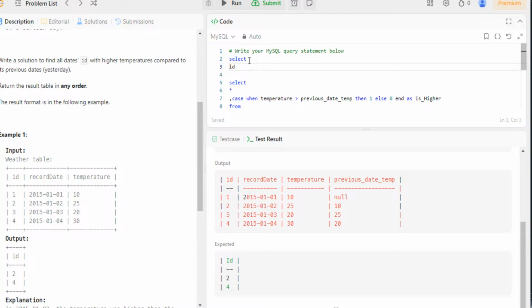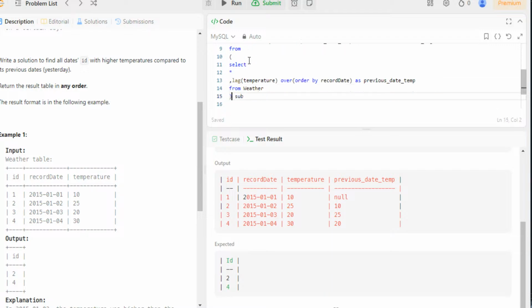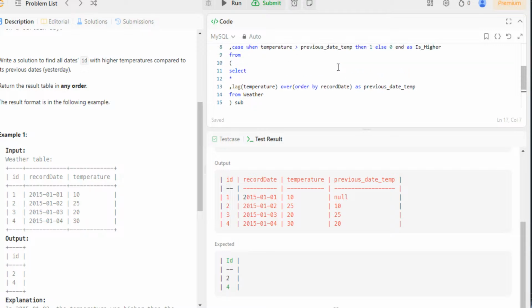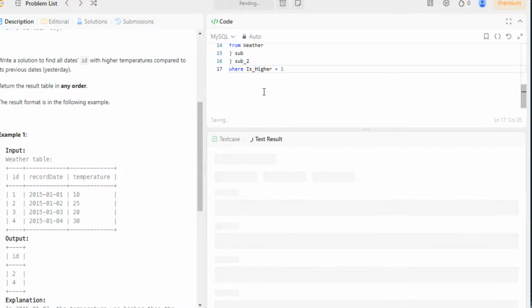So ID, and it's ID from sub 2 where, what do we call it? Is higher equal to 1. So I run this and I get my matching output.